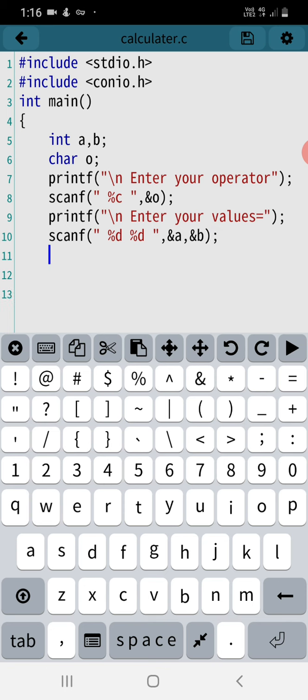And now the switch case is starting. Switch, bracket o. Here o is a character that switches the cases.